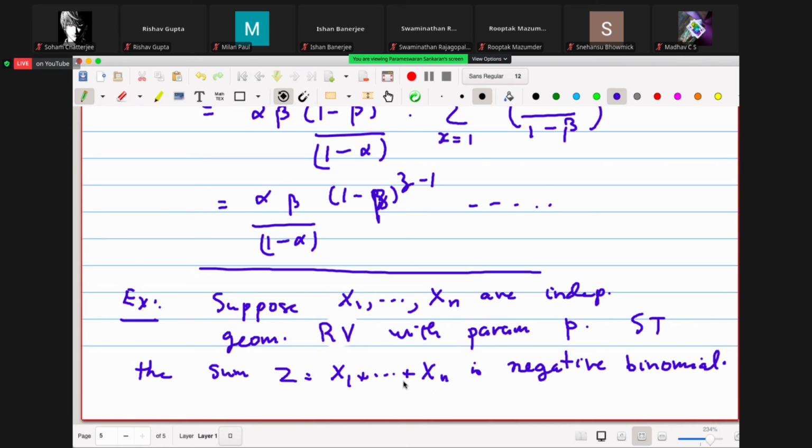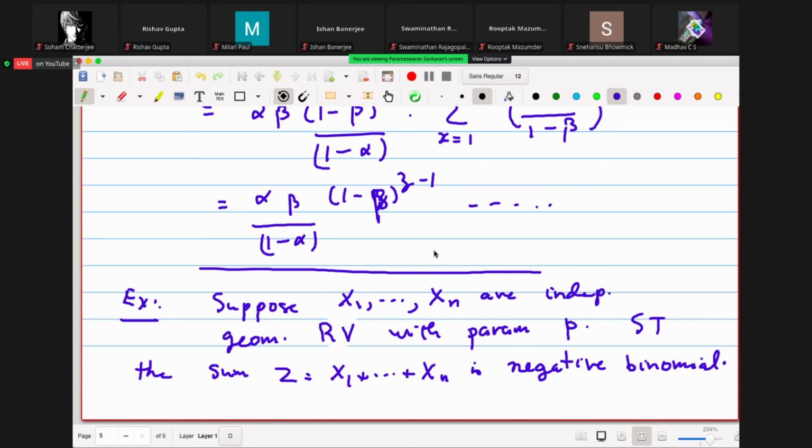So that is the negative binomial distribution. It's like a coin toss experiment where the probability of head is some p, but I'm not sure whether it's the same parameter p. It may be the same parameter p. So try this at home.